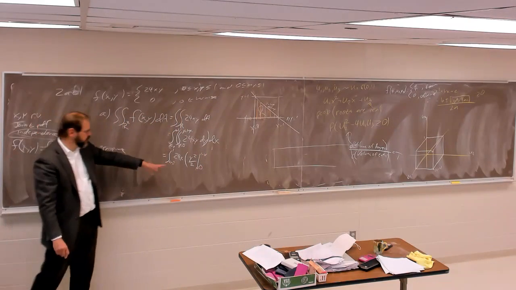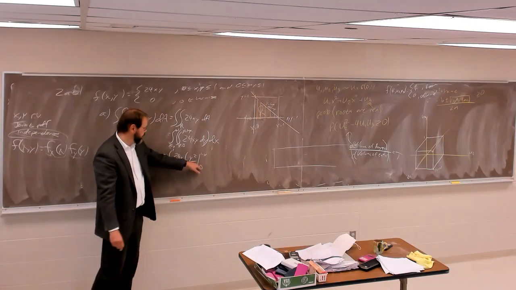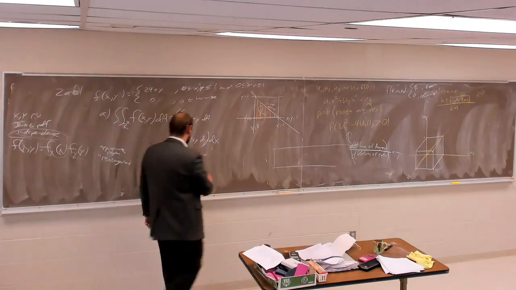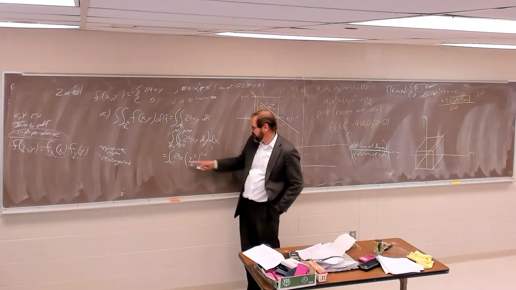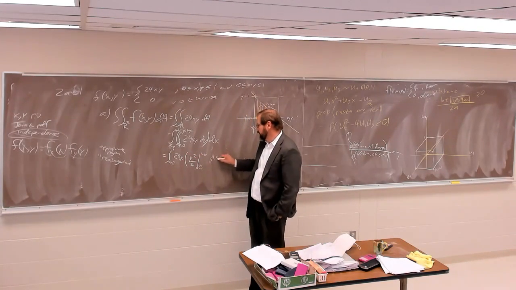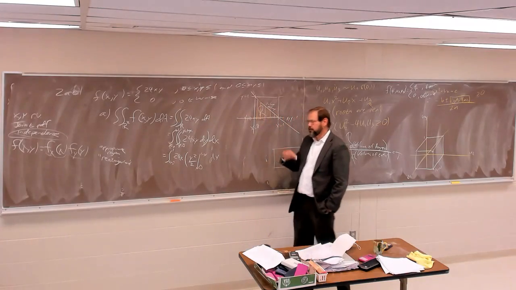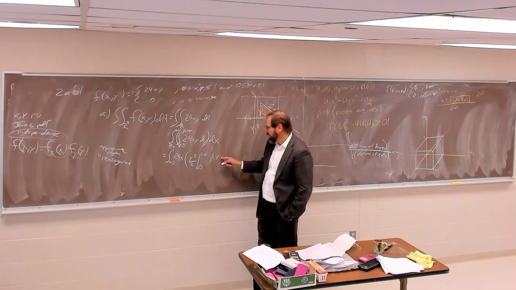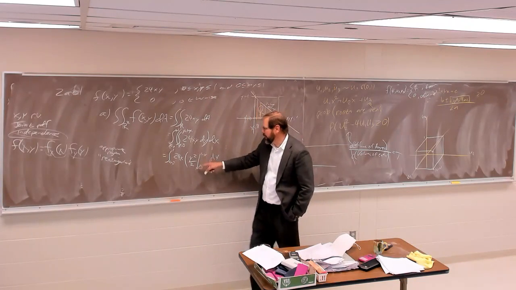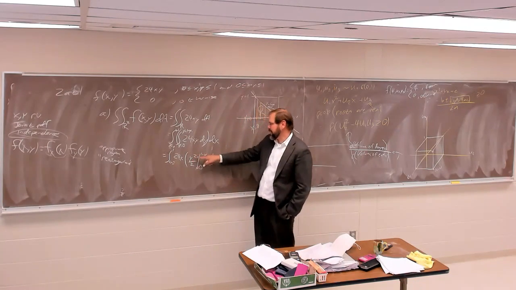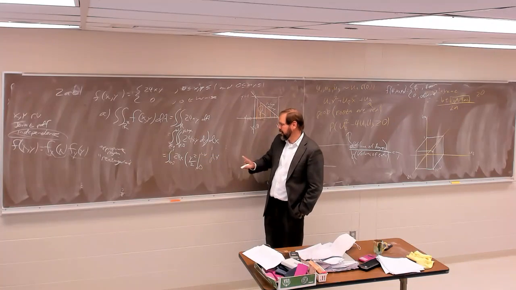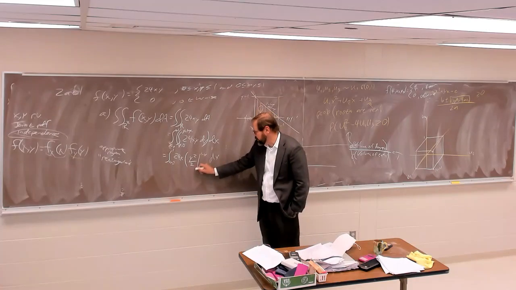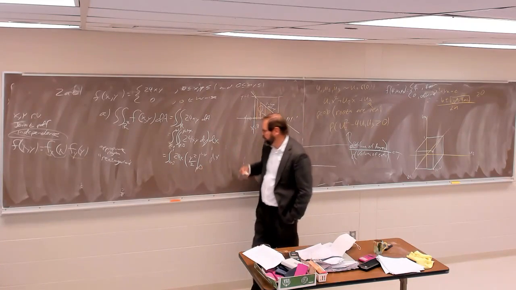I do like to keep track of which variable I'm dealing with, to make sure I plug the right values in for the correct things. When I plug in the two endpoints, I get (1 minus x) squared over 2, and when I plug in y equal to 0, I get 0 squared over 2, which is 0.